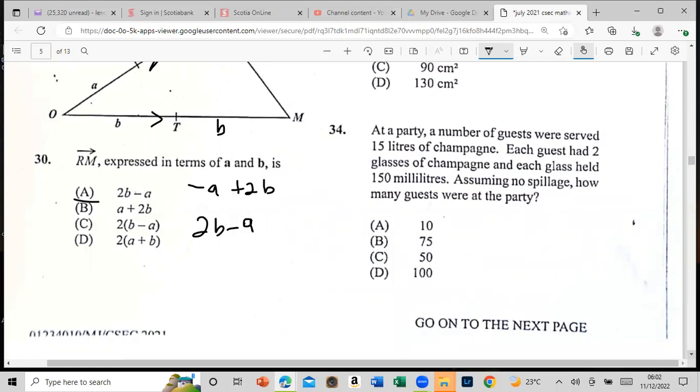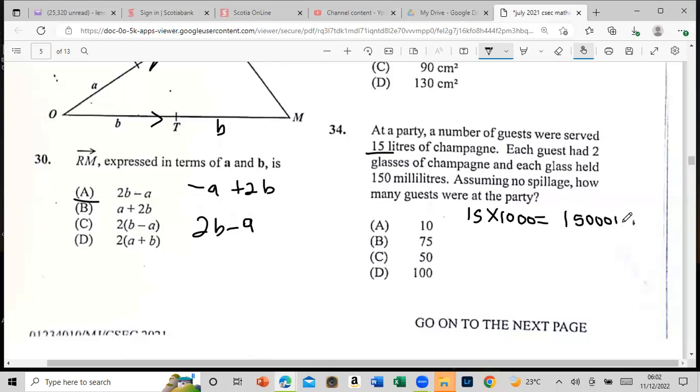First, what I would do is convert this to milliliters. We take 1000 milliliters to make 1 liter, so it would be 15 times 1000.